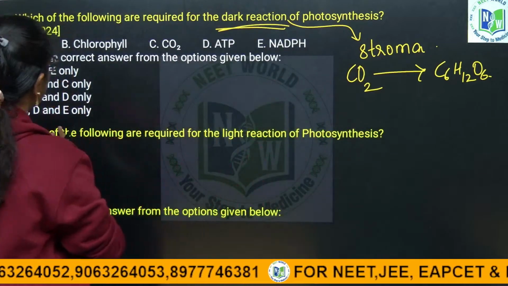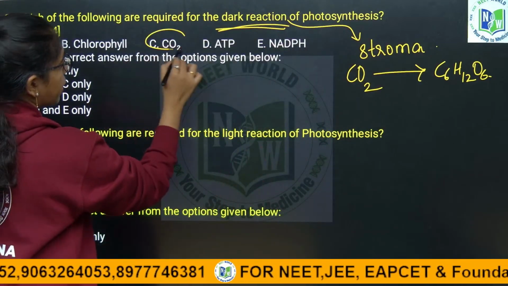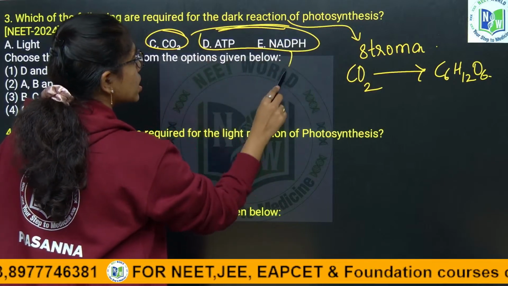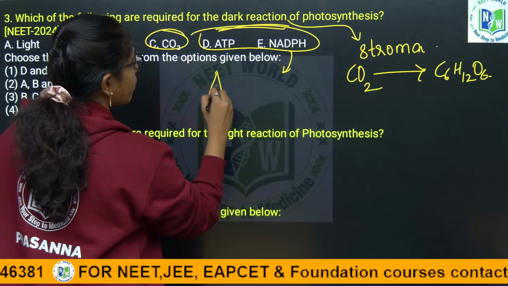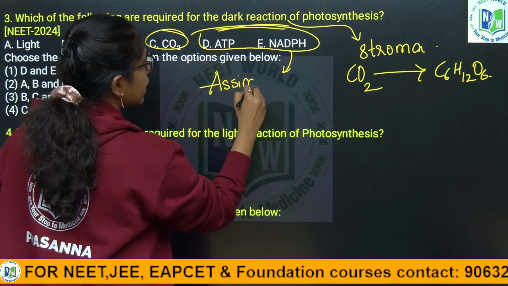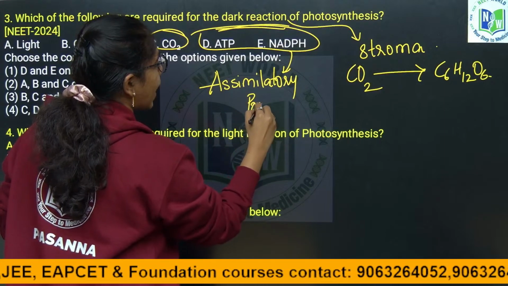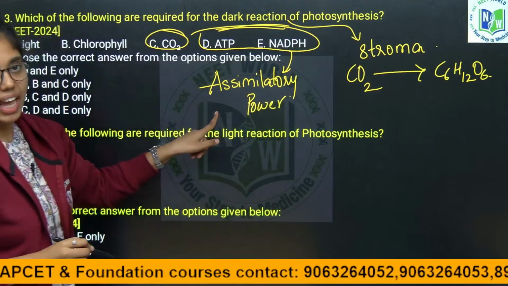For this, what is required? Of course, carbon dioxide is required, and ATP and NADPH, which is the assimilatory power, formed at the end of light reactions.